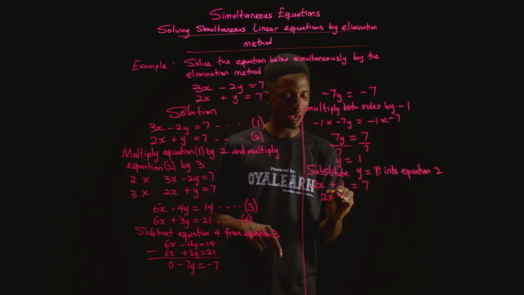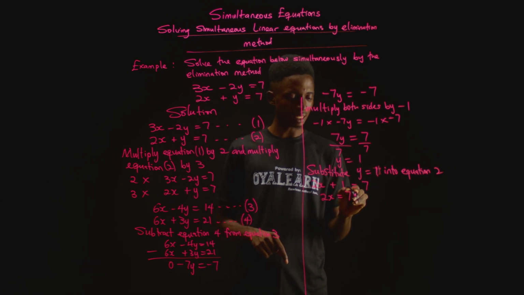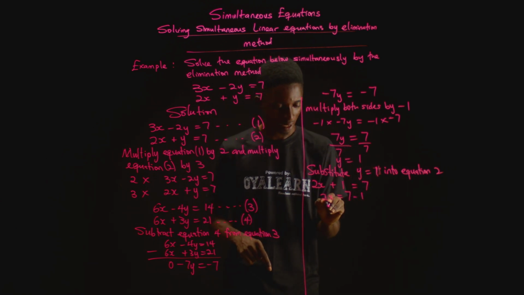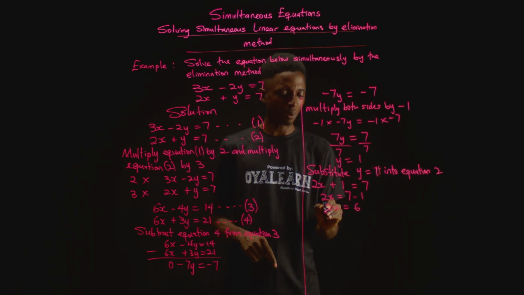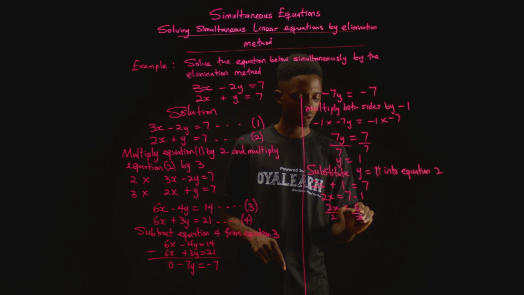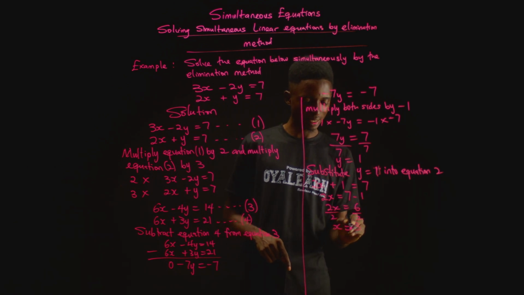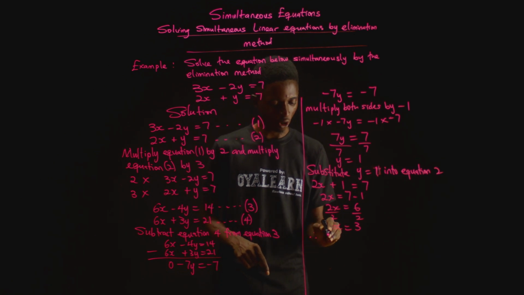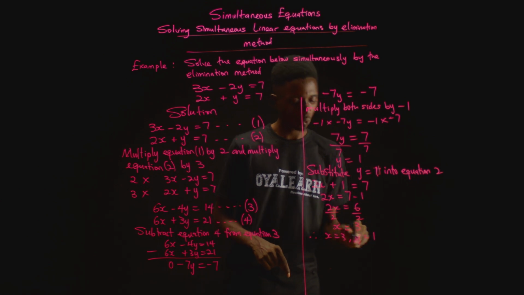Therefore, our 2x equals 7, plus 1 crossing the equality sign becomes minus 1. Hence, 2x equals 6. And when we divide both sides by 2, x equals 6 divided by 2, we get 3. Therefore, x is 3 and y is 1.